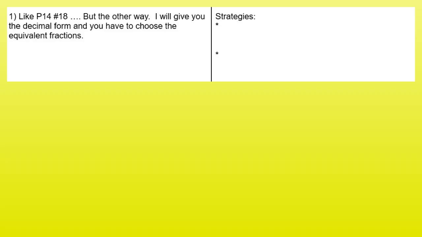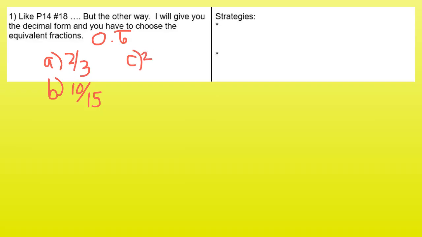It might look something like this. Here's your decimal. Can you choose the equivalent fraction? Now there might be more than one answer, so it's really important that you check all of them.